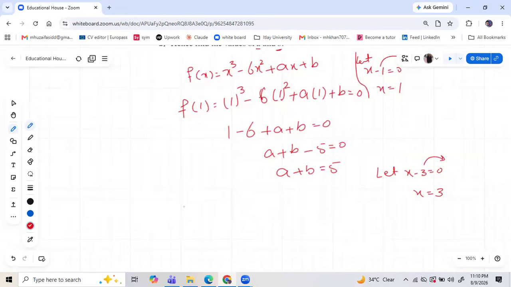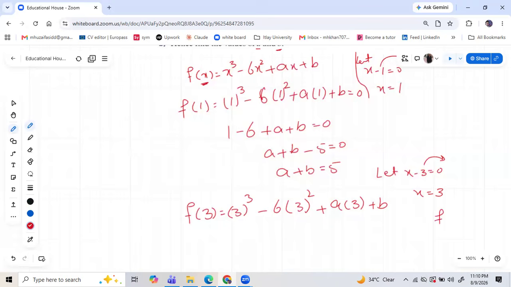So again we replace x with 3 in that function. So f of 3 is equal to 3 power 3 minus 6 into 3 squared plus a into 3 plus b, and this is also divisible.